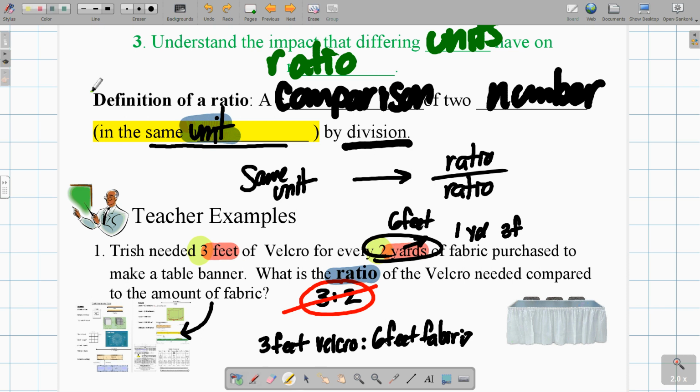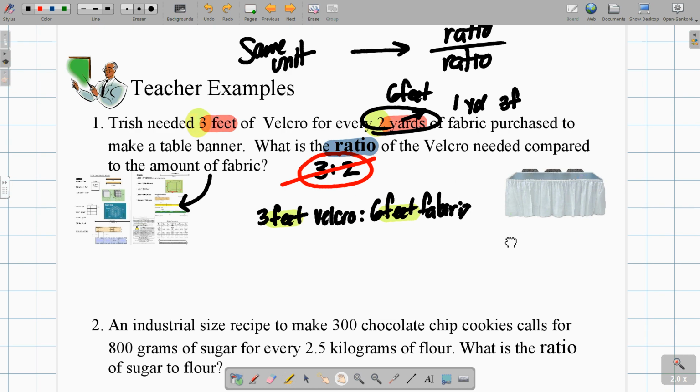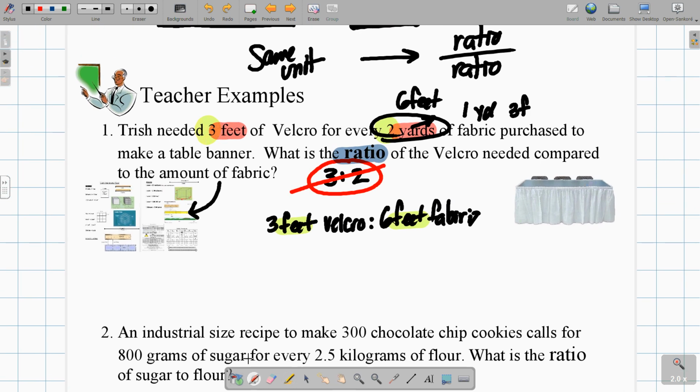Notice we're now in the same unit. Now that we're in the same unit, you can get your ratio. So the actual ratio of Velcro to fabric is 3 to 6, and ratios, by definition, you always take to the lowest form, 1 to 2. The correct answer for this is not 3 to 2, it's 1 to 2.